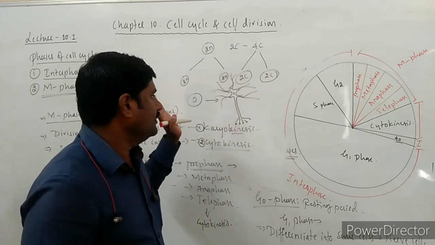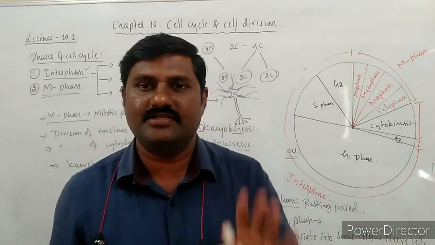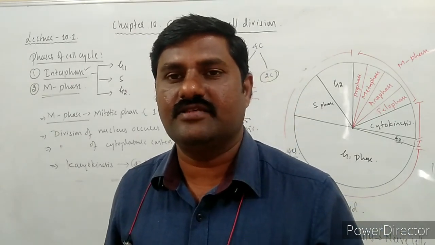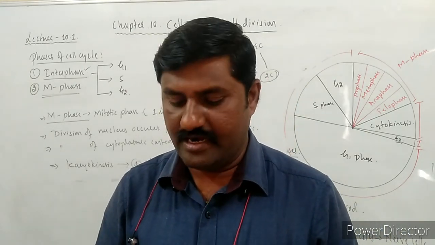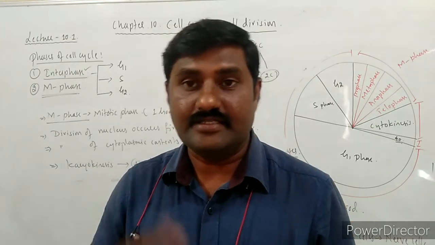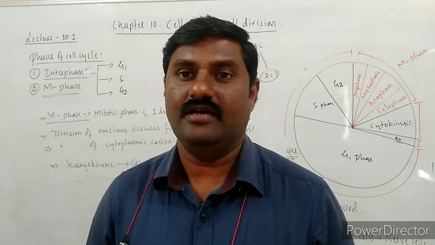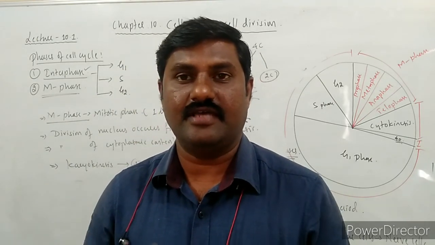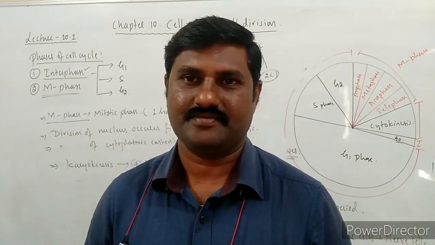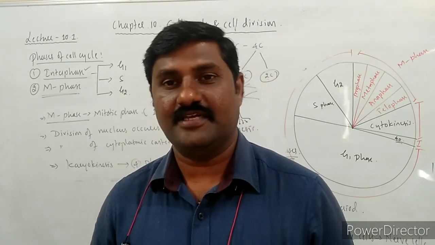Right? One thing. Sometimes some of the cells arrest themselves during the early stage of the G1 phase, and they become metabolically inactive. And once again they become metabolically active, and they grow themselves and they divide themselves. That kind of cells are also there.